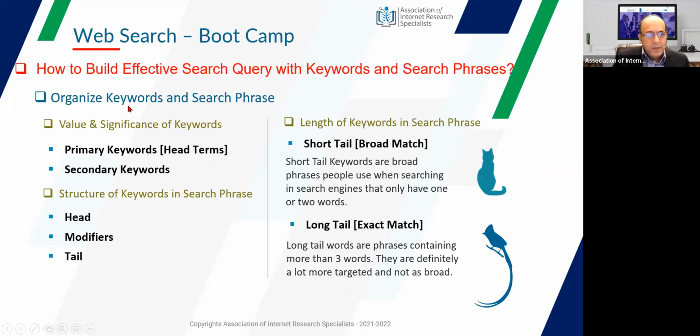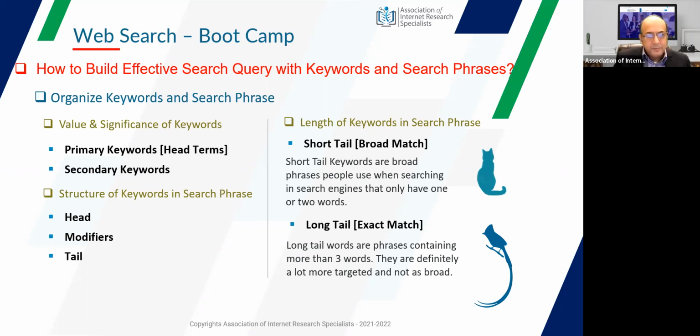So what we need to learn about building queries with the keywords and building of search phrases is the way in which we are going to consider individual words or combinations of words, or give them a criteria or a characteristic.